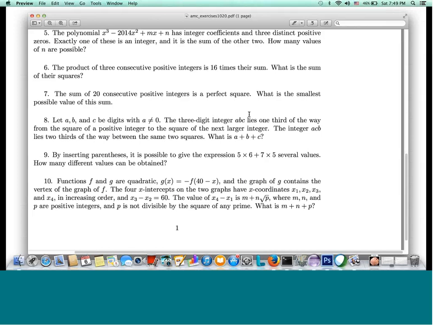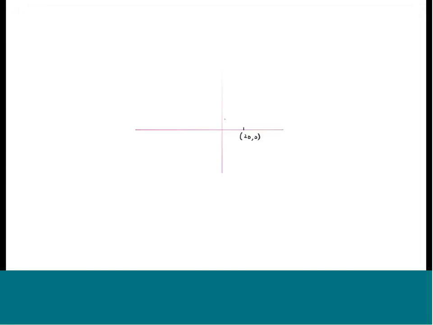So it contains the vertex of the graph. So one curve can be like that, and another curve has a point. Maybe I just draw here, and now I just draw here.